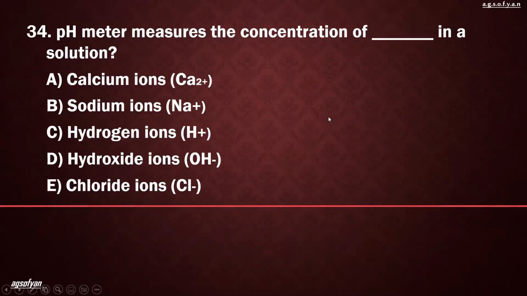pH meter measure the concentration of what? Remember pH, you see this one. So what is that? Hydrogen ion. So pH measures the hydrogen ions.